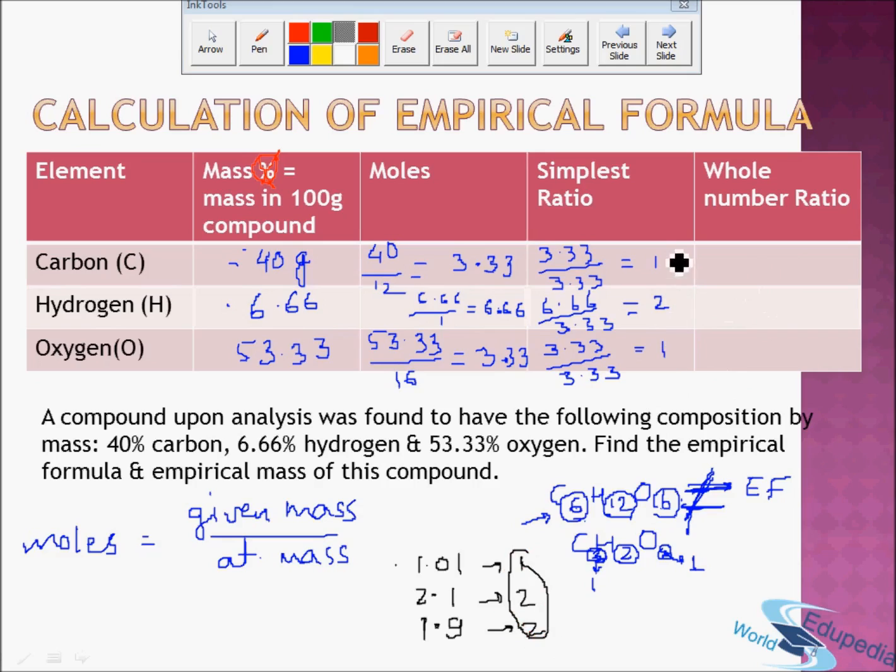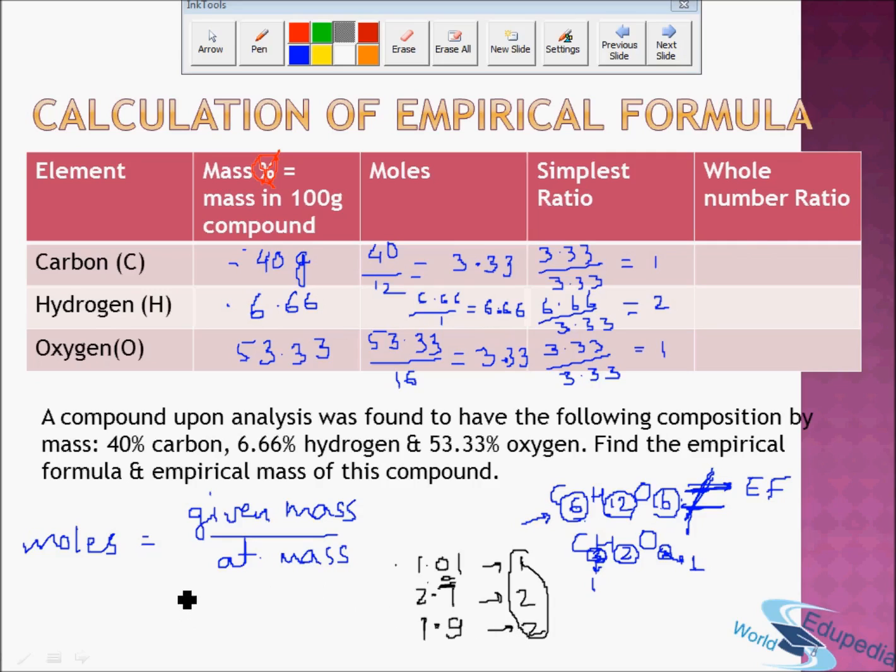In this case I got whole numbers itself, but in case I get decimals, then I need to round off, and if I can round off, then I can write the whole number ratio. Now, another way of converting the simplest ratio to a whole number ratio. This example included numbers quite near to whole numbers. All these numbers, 1.01, 2.1 and 1.9, are quite near to whole numbers, so I could directly round them off. What if I cannot round off?